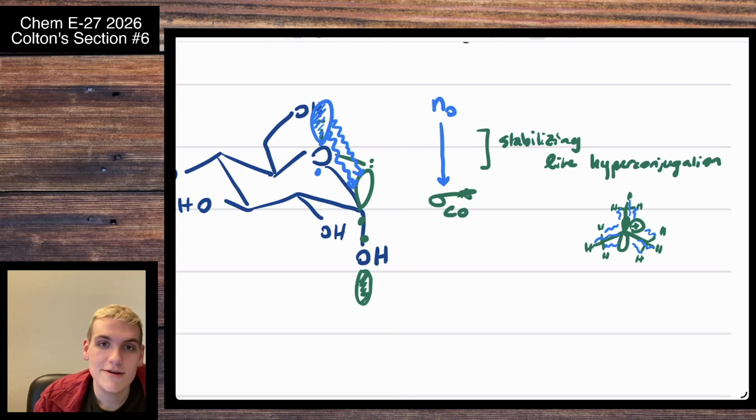And this is why tertiary carbocations are more stable than secondary, more stable than primary, that idea of hyperconjugation.